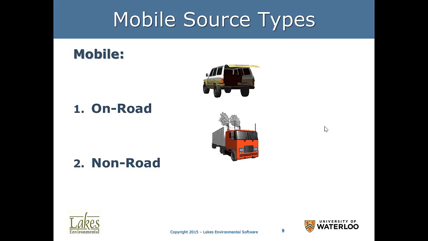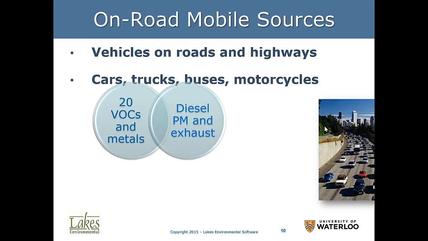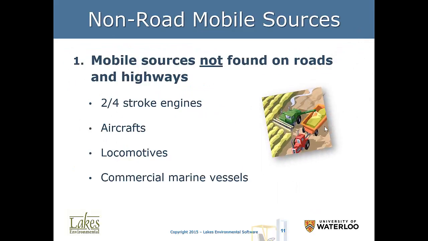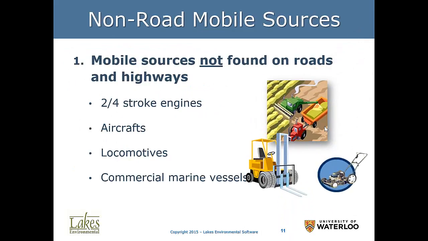Now, this is our focus for mobile sources. First, on-road, it is common that we will address 20 main volatile organic compounds, and we will always address diesel PM exhaust. Non-road types are the ones that are not usually used on roads. It can include your lawnmower, locomotives, aircraft, commercial marine vessels.